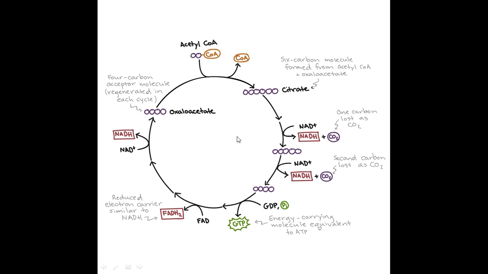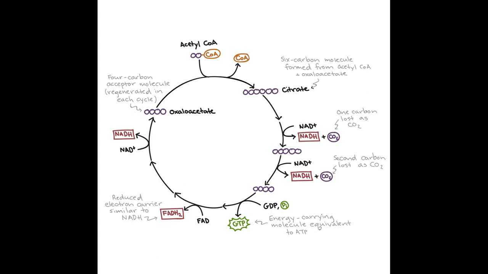So if we have 4 acetyl-CoA molecules in the Krebs cycle, we produce an equivalent NADH of 12, 4 FADH2, and 4 GTP. Bear in mind, 2 acetyl-CoAs correspond to 1 glucose molecule, 4 acetyl-CoAs correspond to 2 glucose molecules, and let's say 10 acetyl-CoA molecules correspond to 5 glucose molecules.